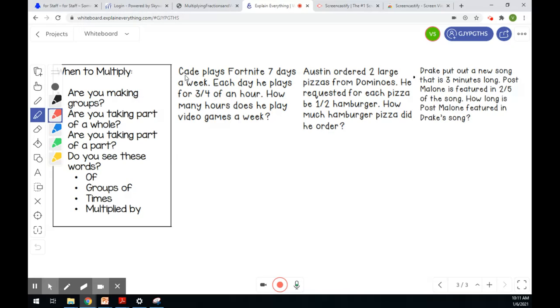So for example, Cade plays Fortnite 7 days a week. Each day he plays for 3/4 of an hour. So we can create the area model, and each box is going to represent a day.